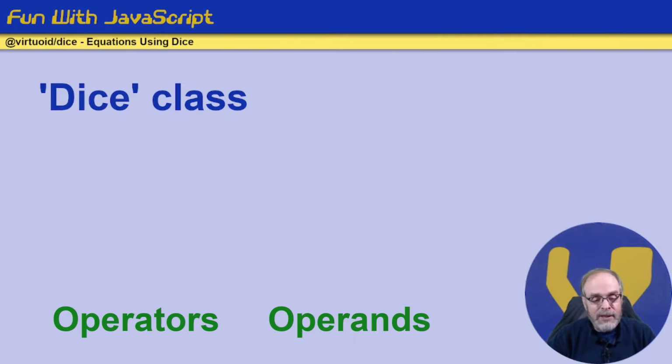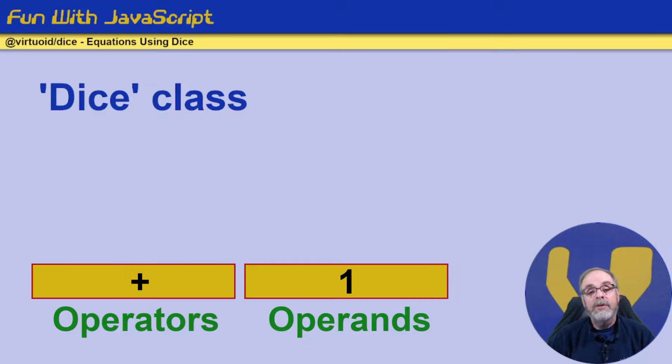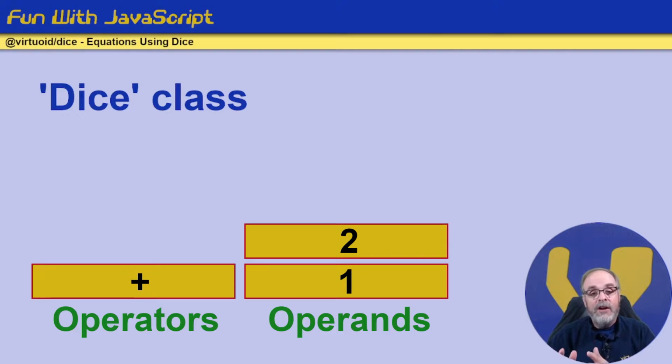So for example, let's say we had 1 plus 2. We found the number 1, so we push the number 1 to the operand stack. We have the plus, we push the plus to the operator stack. Then we have the number 2, that gets pushed to the operand stack. Now, that's the end of the equation. So we need to do the equation.